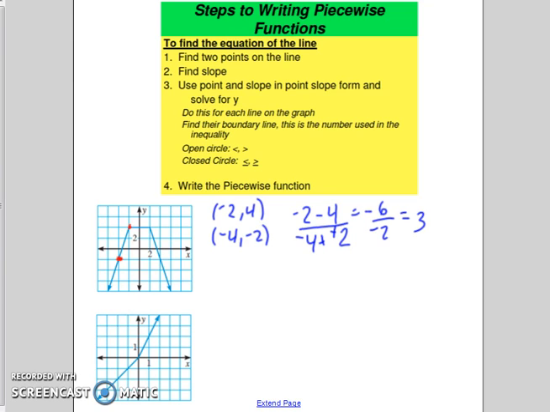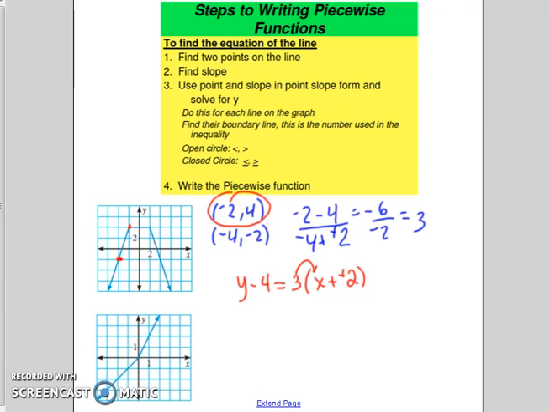So then I'm going to use point-slope form. I'm going to pick one of these points. Okay, it doesn't matter which one I use. I'm just going to use the first point. So if I use this first point, I'm going to do y minus my y. So y minus 4 equals my slope, which is 3, times x minus my x. So I have minus a -2. So that's going to become plus a positive.